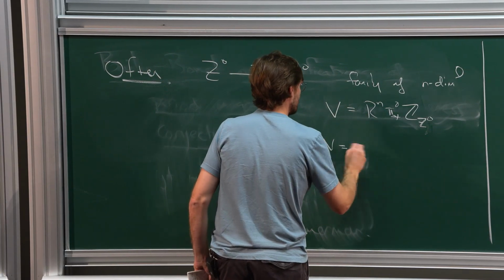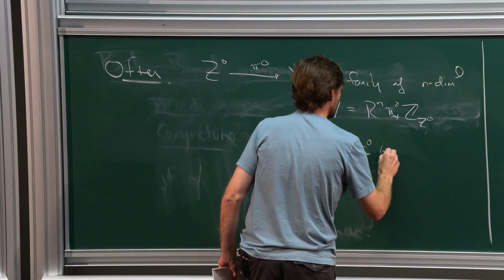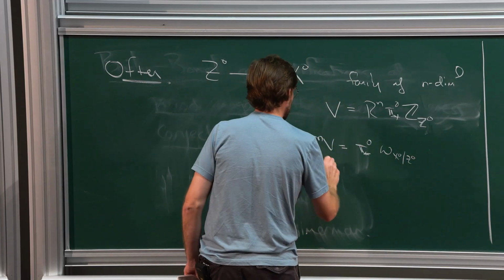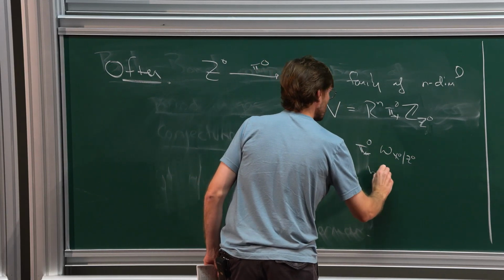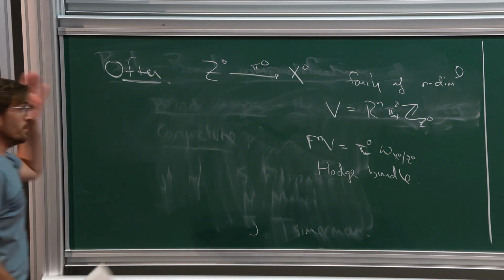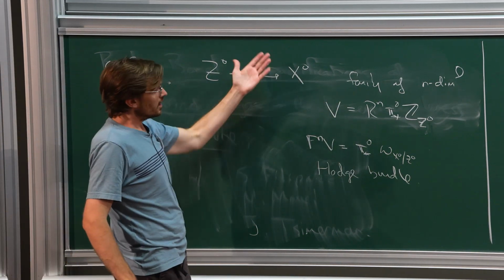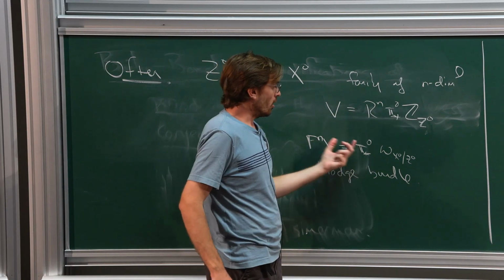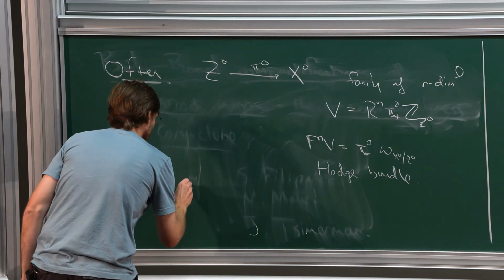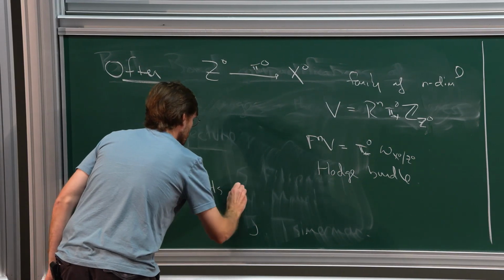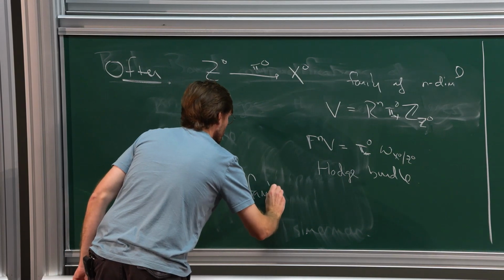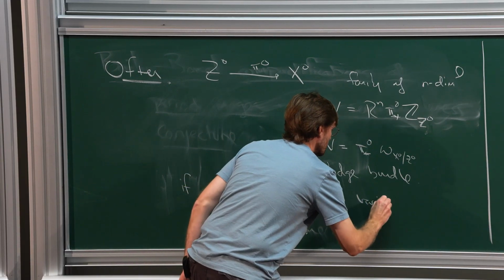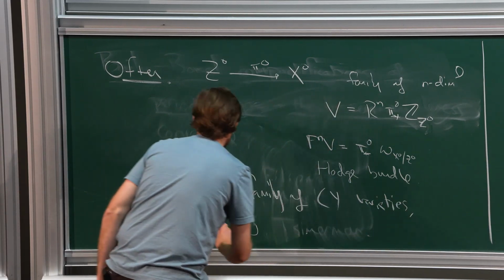So the deepest part of this is just the push forward of the canonical bundle of X naught over Z naught. This is called the Hodge bundle. In particular, if we have a family of smooth Calabi Yau varieties, then this is already a line bundle.